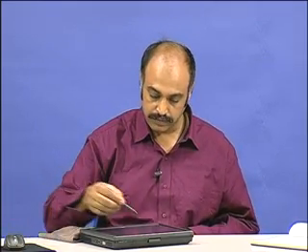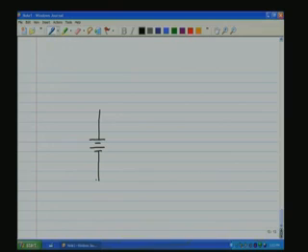So now coming back to the screen here, though the ideal battery has a symbol which is like this as I explained earlier, a practical battery will have one more component introduced in series, which is the series resistance, or in this case let us call it RB.